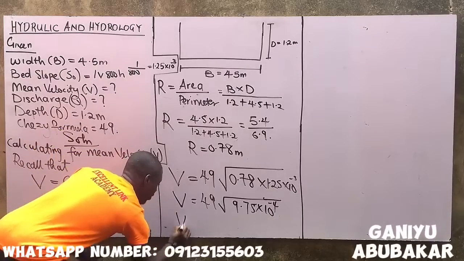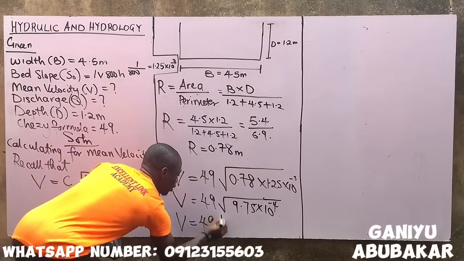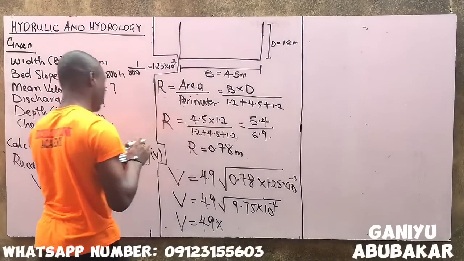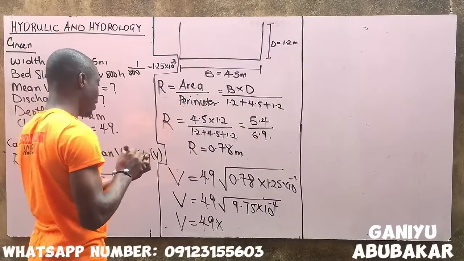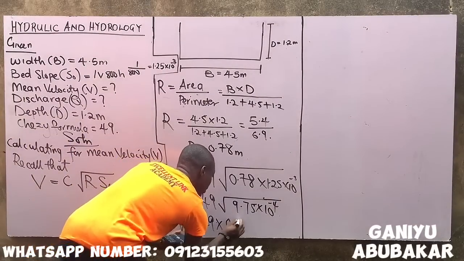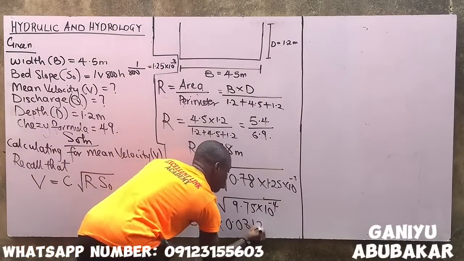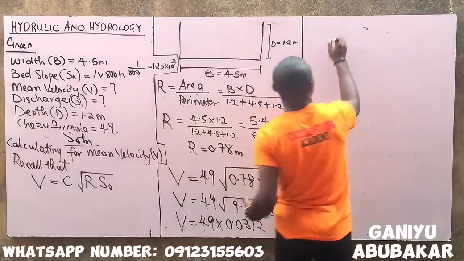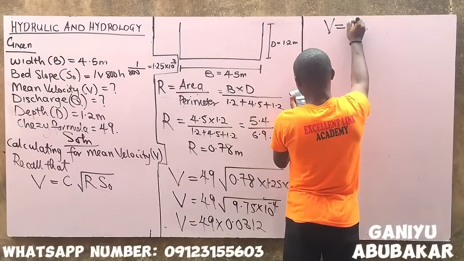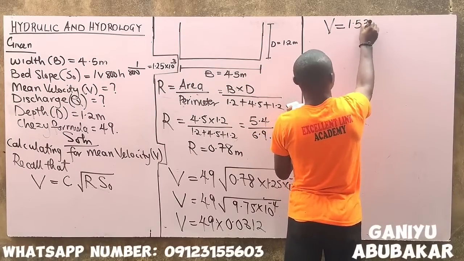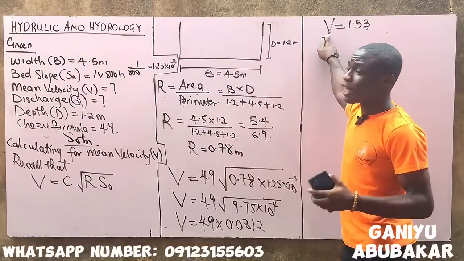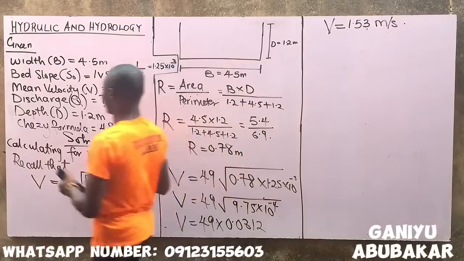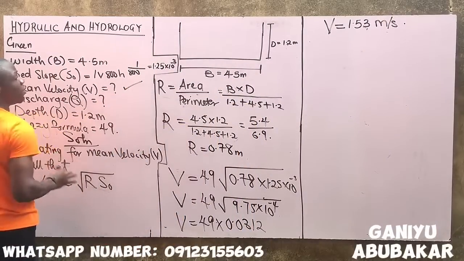Mean velocity V is equal to 49 times the square root of my answer there, which is 0.0312. Multiply the two, and my final answer is V, the mean velocity, equal to 1.53. Velocity is measured in meters per second. So I have gotten my mean velocity.